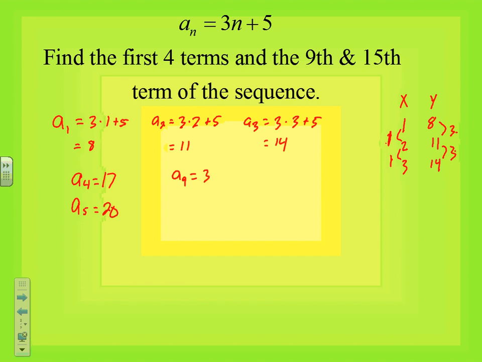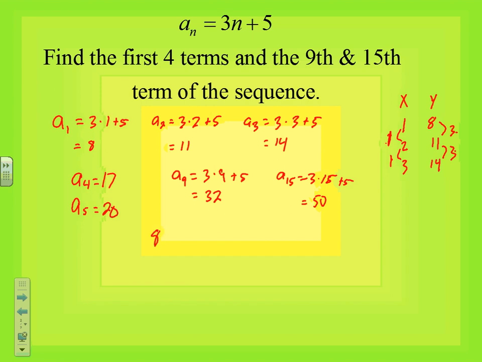So here we'll say 3 times 9 plus 5, and so that is 27 plus 5, which is 32. And then we'd say a of, what was it, 15. So I'd say 3 times 15 plus 5. Well, 3 times 15 is 45, plus 5 is 50. So the way we might put our answers is as a list.